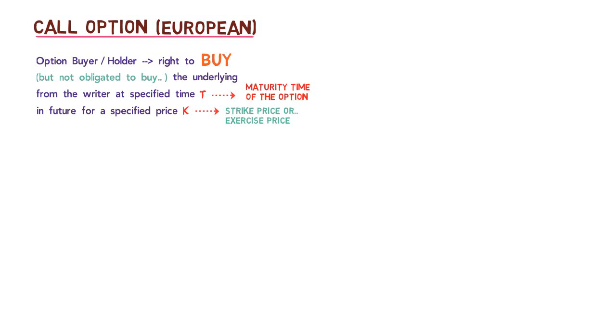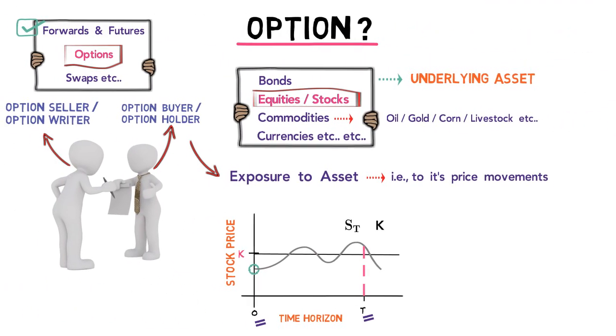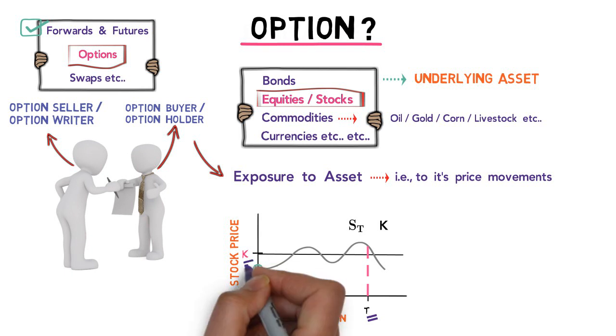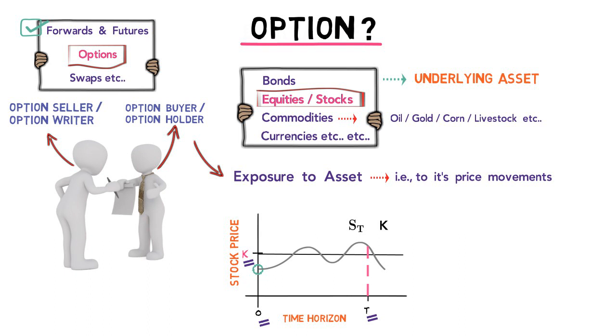Now that you know what a European call option is, let's go back to our graph. So here at time 0, suppose you have bought such a call option with a matching maturity period T and a matching strike price K, the maximum you want to pay for the stock. Now in our example, the stock price at maturity time T here is greater than K, like here, right? So if you exercise your right to buy the stock for K dollars from the option seller, the contract forces the option seller to sell you the underlying asset at that price.